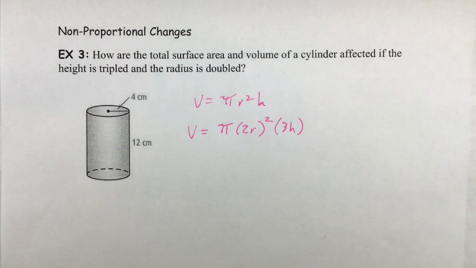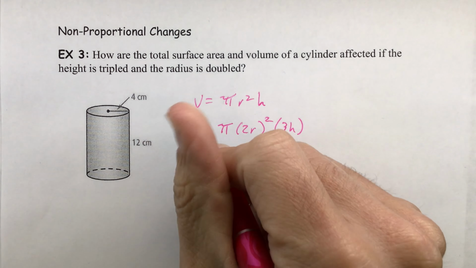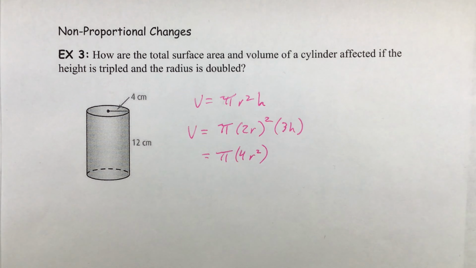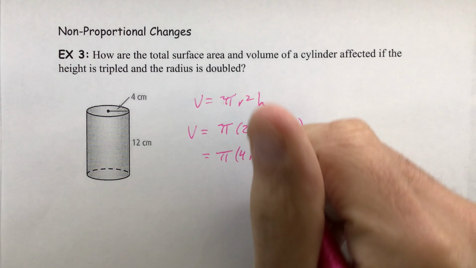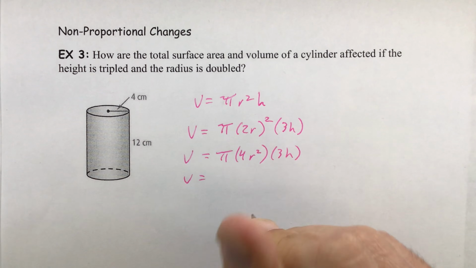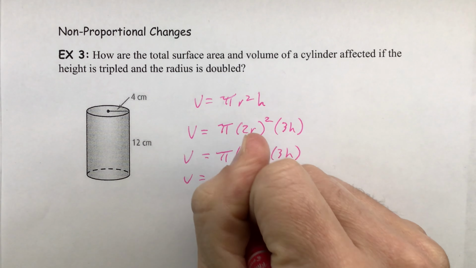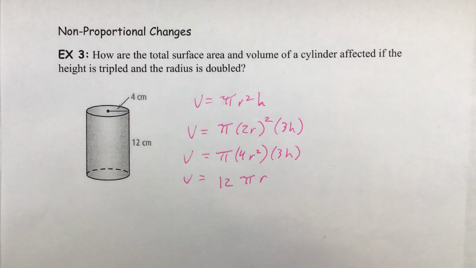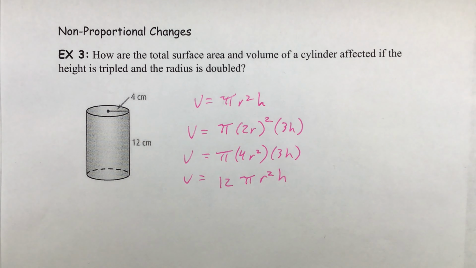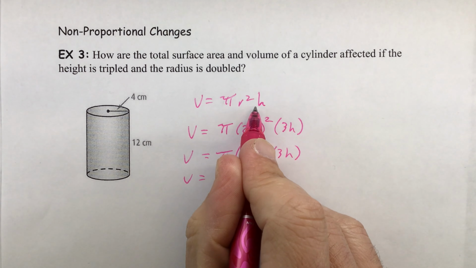Okay, now with a little bit of algebra, I'm going to go ahead and square that, which is going to give us 4r squared. This is still 3h. Then group all the numerical factors together, which would be the 4 and the 3. So 4 times 3 is going to give you 12. You still got the pi, you still got r squared, you also got h. And this is the original formula.